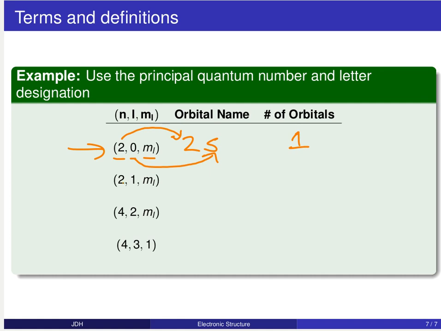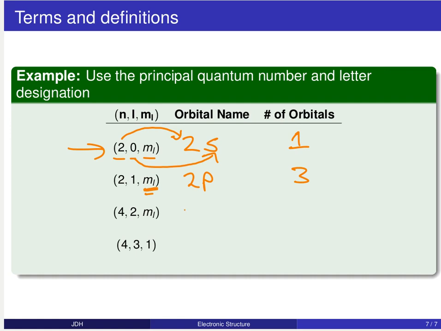Coming through doing the same thing here, we've got n equals 2, so it's going to be a 2. This time L is equal to 1, so we have a p, so we have a 2p orbital. Now if we look at the different values m sub L can take, we're going to have values of -1, 0, and 1, which gives us a total of 3 different orbitals.